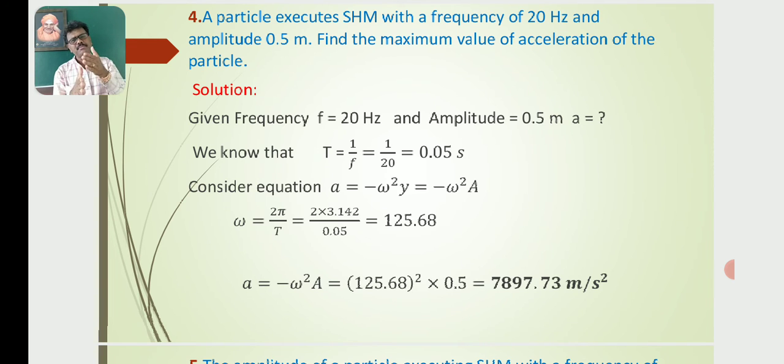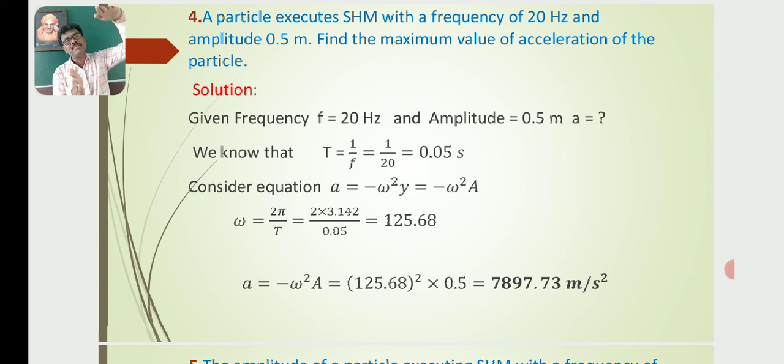As the body moves from mean position to extreme position, its velocity goes on decreasing, whereas the acceleration increases. That means, as the body moves from mean position to extreme position, the acceleration of an oscillating body goes on increasing.